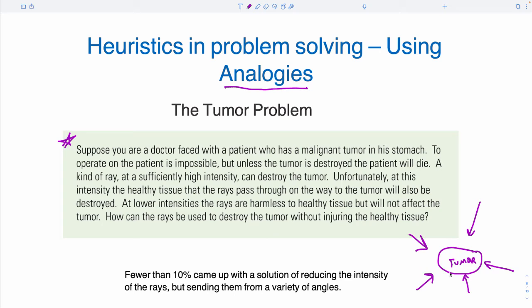They all converge on the tumor, and collectively the amount of rays will be enough to damage the tumor, but the rays here where it's passing through healthy tissue are safe enough for that healthy tissue. So fewer than 10% of people came up with that type of solution to solve this problem.